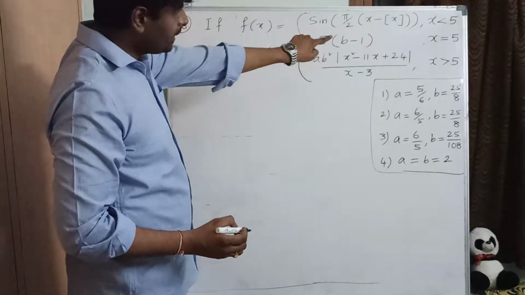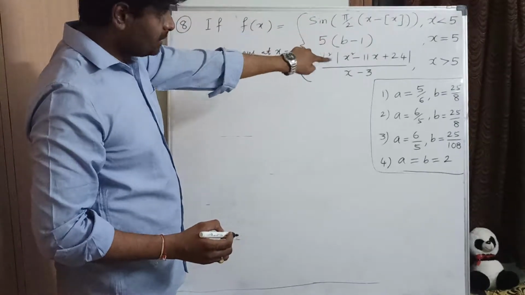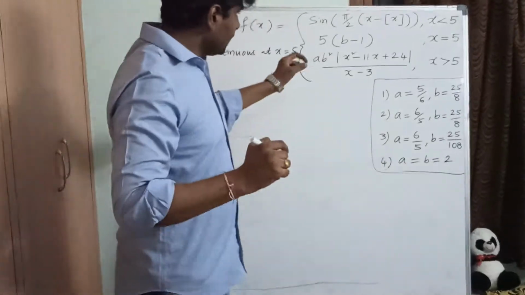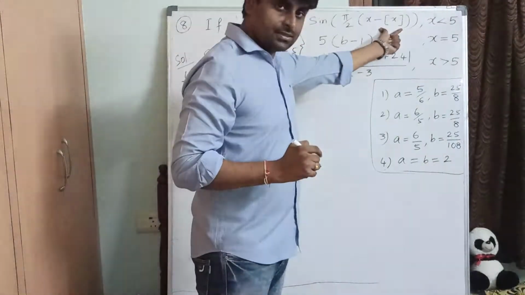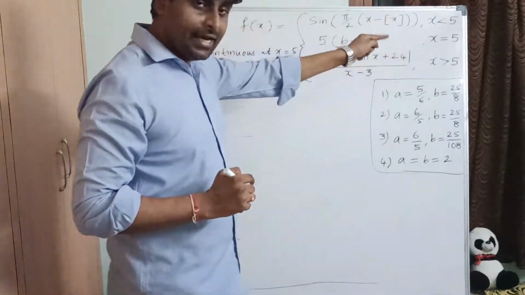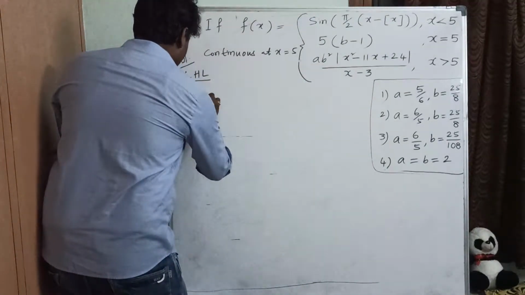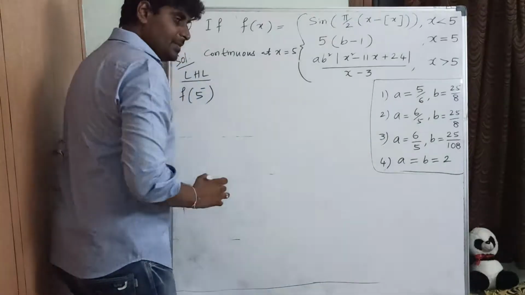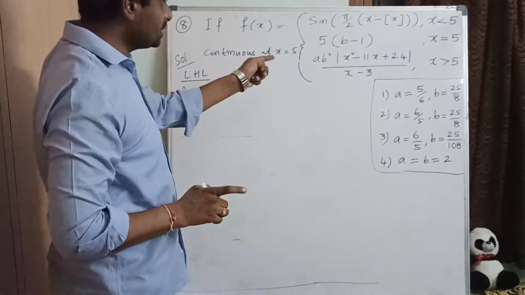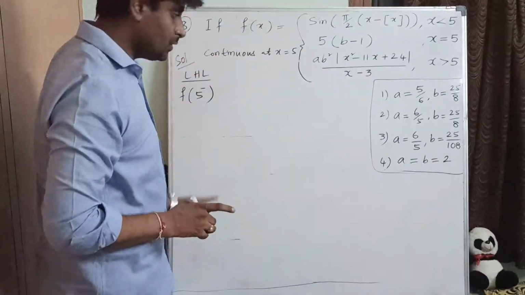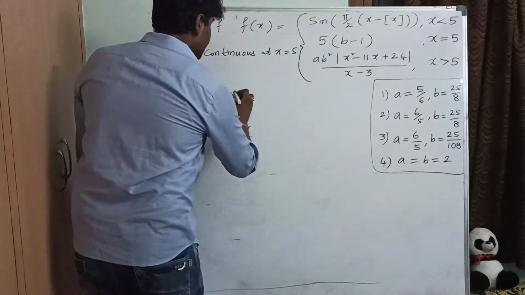So whenever you are given step x, first of all we need to write the value of step x, the greatest integer function, at below 5. So I am writing simply f of 5 minus, meaning LHL of that function at x equal 5.